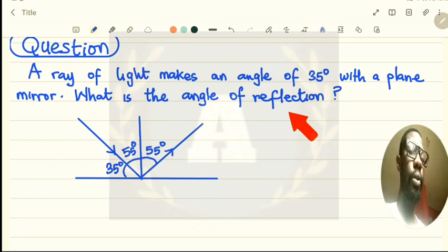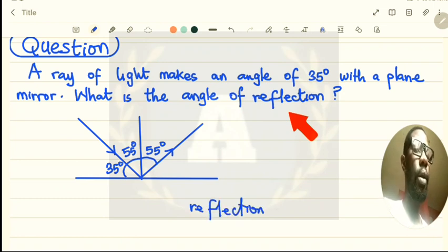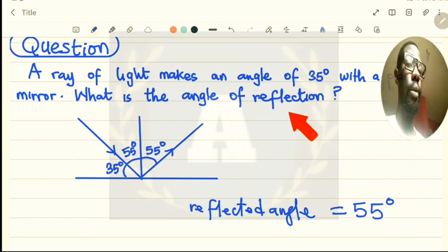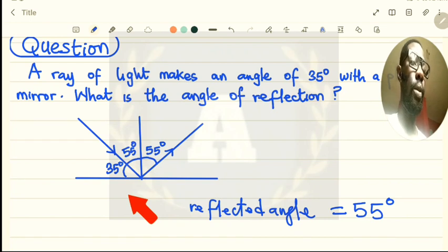So the angle of reflection, or reflected angle, is equal to 55 degrees. Okay, so you are given the glancing angle, so you take it away from 90: 90 degrees minus glancing angle.